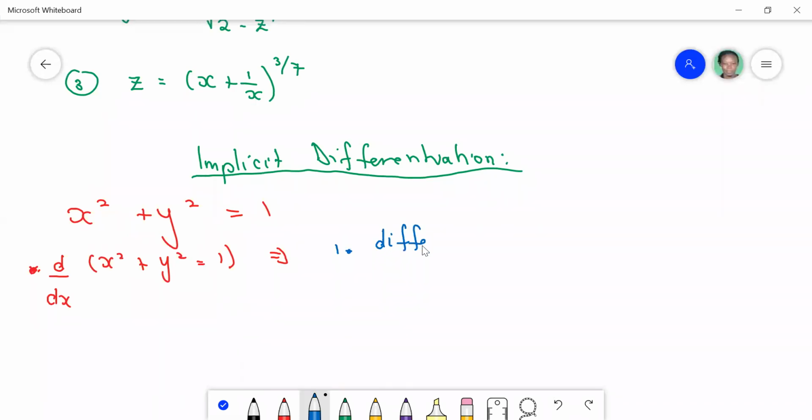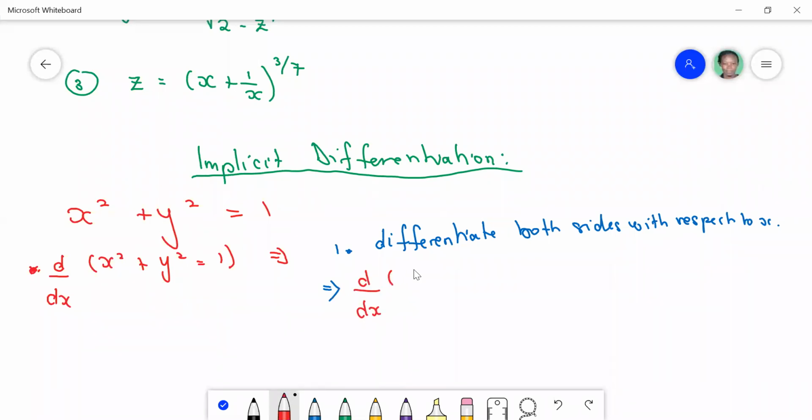Differentiate both sides with respect to x. So this implies that I have d/dx of (x squared plus y squared) to be equal to d/dx of 1.